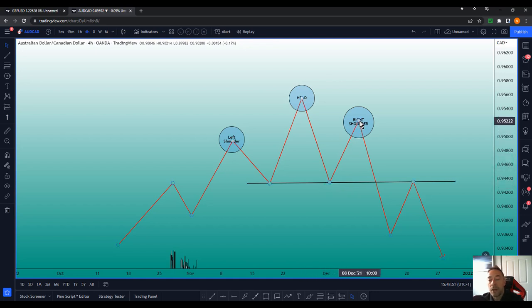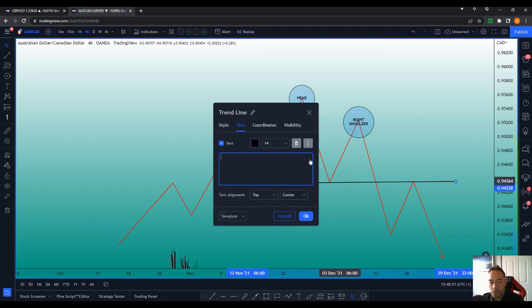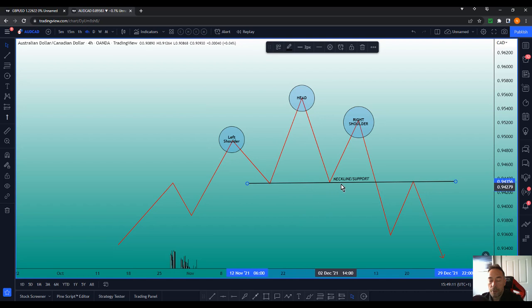It then makes a lower high or a right shoulder, but actually breaks the neckline. We do call it a neckline because we're talking about a head and shoulders, but in this case it's also a support because price bounces off it.